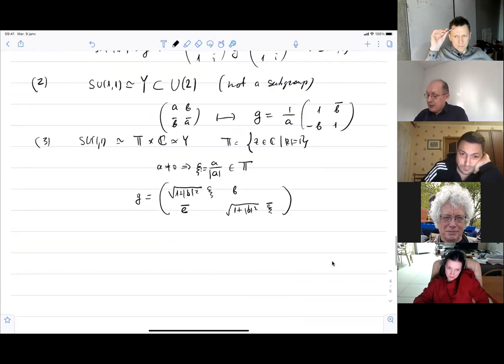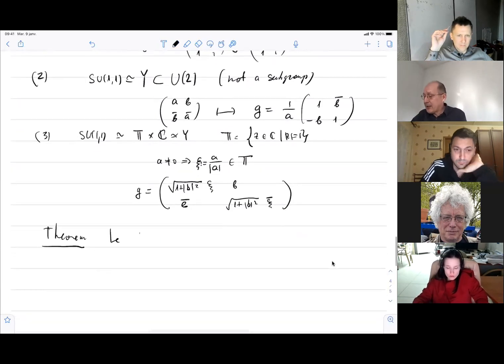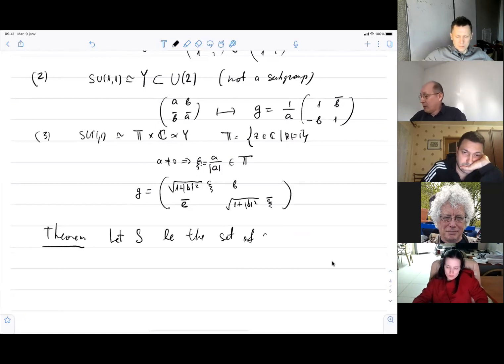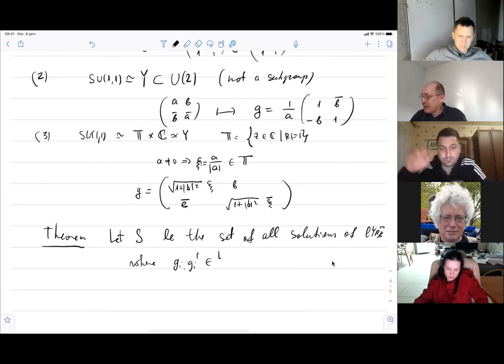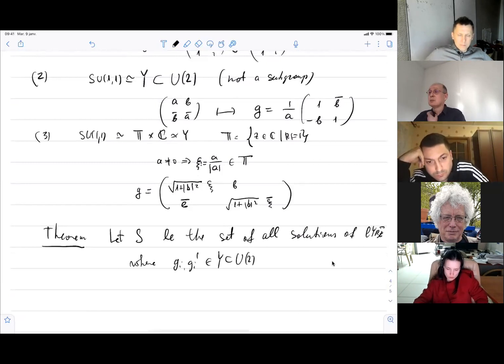And then here is a theorem which justifies my claim about unitarity. So let S be the set of all solutions of the local Yang-Baxter equation, where the G primes sit in Y, as a subset of unitary 2 by 2 matrices.